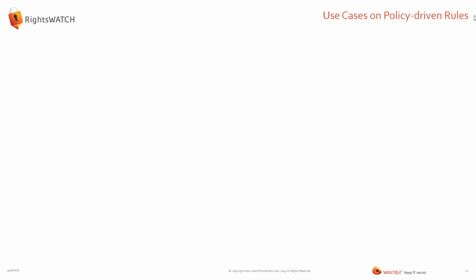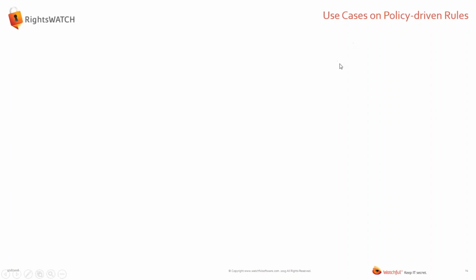So, to finalize, let me ask you to participate in a short 3-question quiz. So what we are asking is, which type of rule are we applying in each one of these use cases?